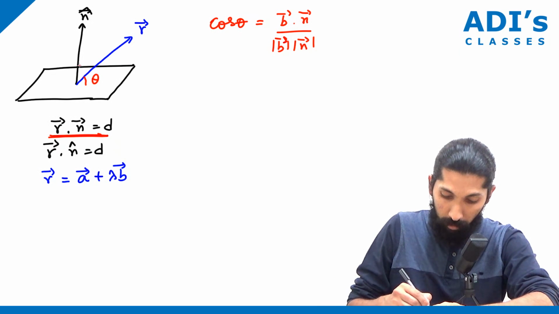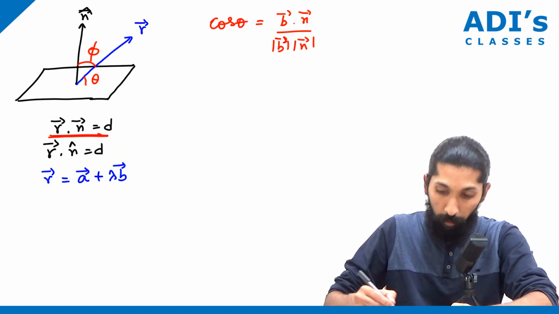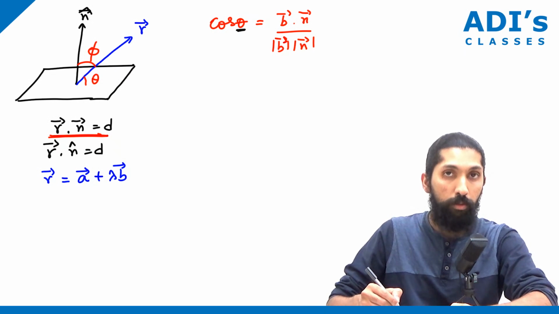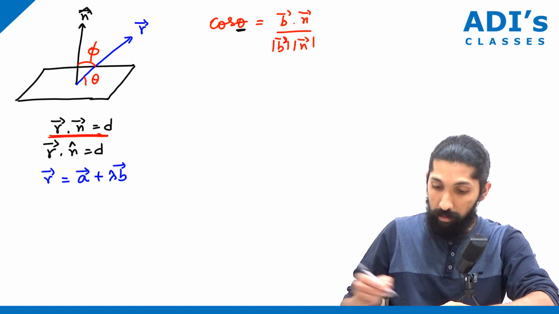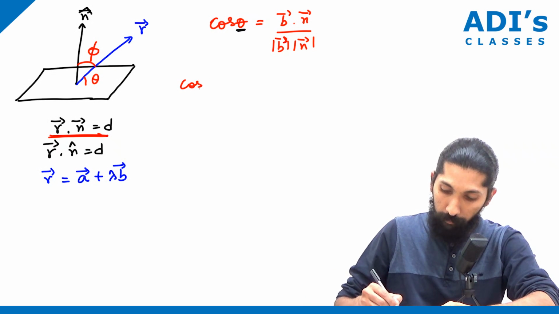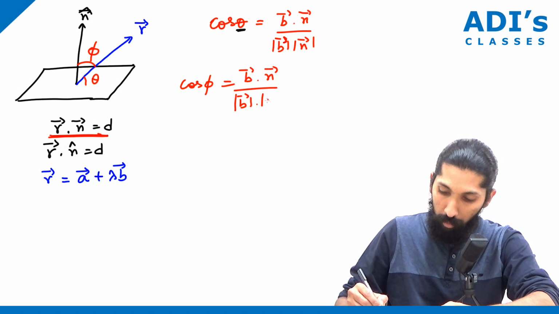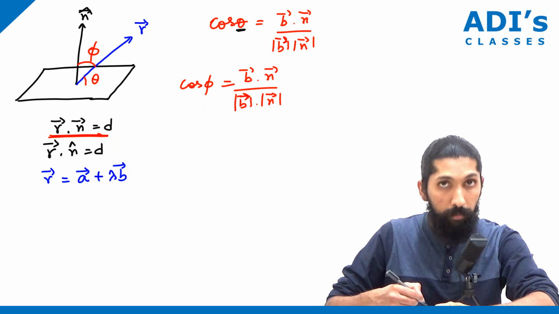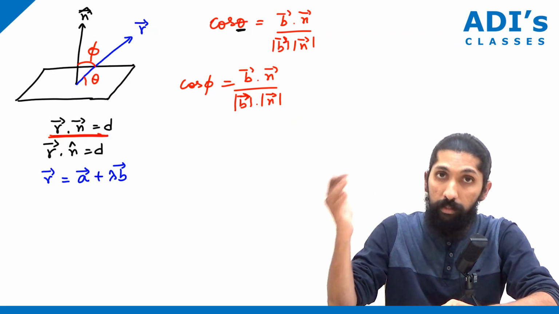So we'll call this some value phi. That means in the formula, instead of theta we have to take phi. So cos phi is equal to b dot n by mod of b into mod of n. This gives us the angle between the normal and the line, but it does not give us the angle between the plane and the line.